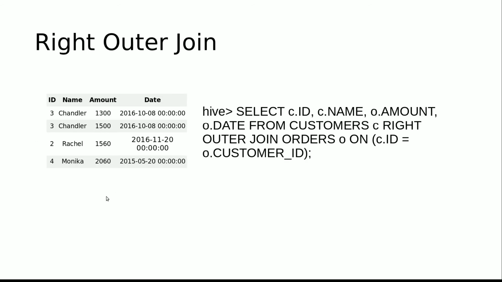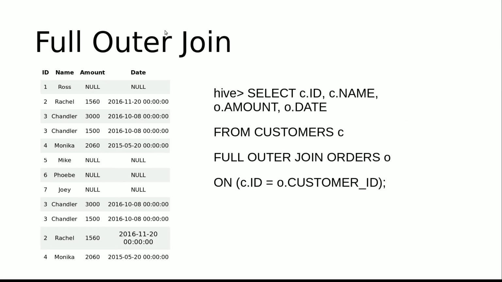Now we get all the details from the orders and the customers and the intersection of the customers on the same thing, c.id and o.customer ID. And in the full outer join, you can see all the data from the tables, and some has null because we don't have the amount and date for the customers table.